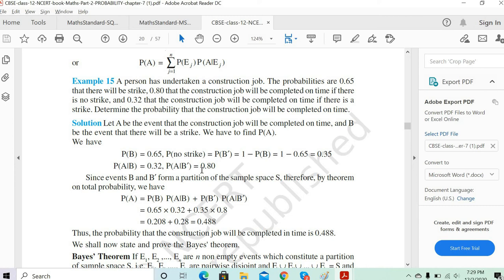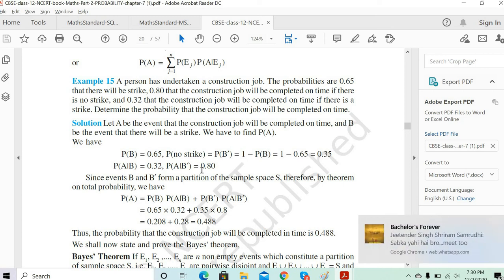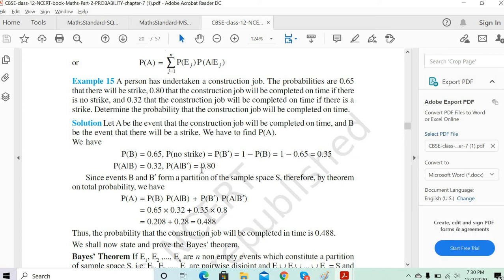Sir, but they've already given if there is no strike, no? They have given the condition, but see, the strike probability is 0.65. They have not given the probability of no strike. Once you know the probability of strike, the probability of no strike will be 1 minus that one.